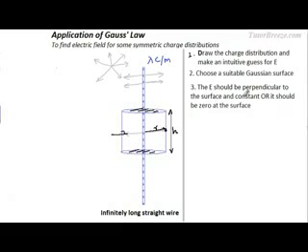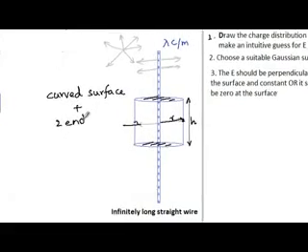The electric field should either be constant and perpendicular to a surface, or it should be zero through the surface. Over here we have a closed Gaussian surface, which is this cylindrical surface, and you can see that this consists of a curved surface plus the two circular ends.